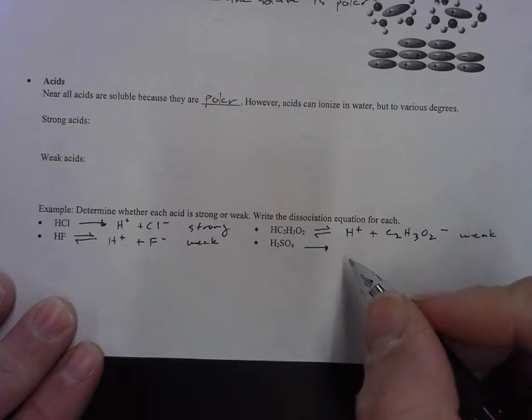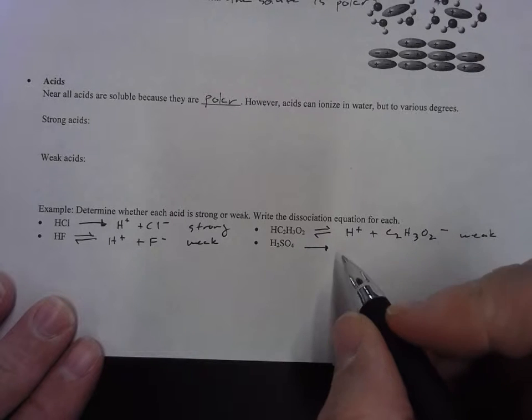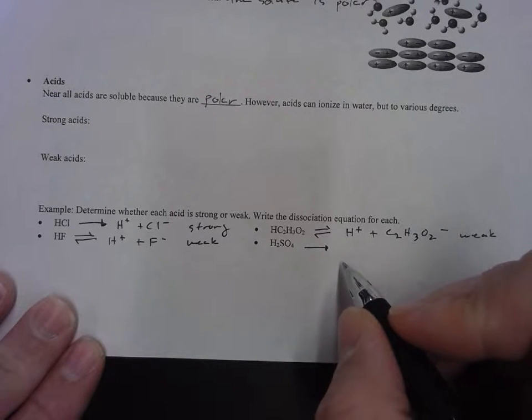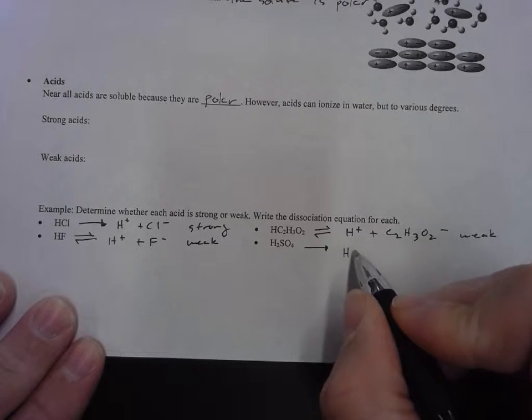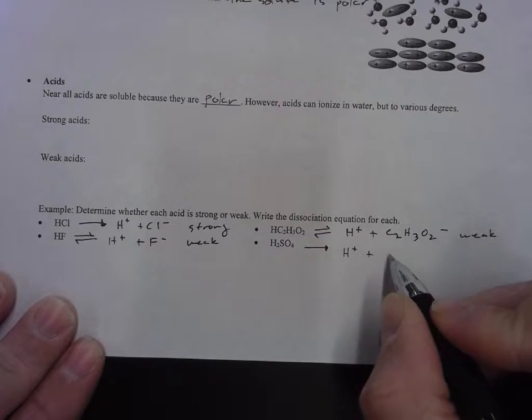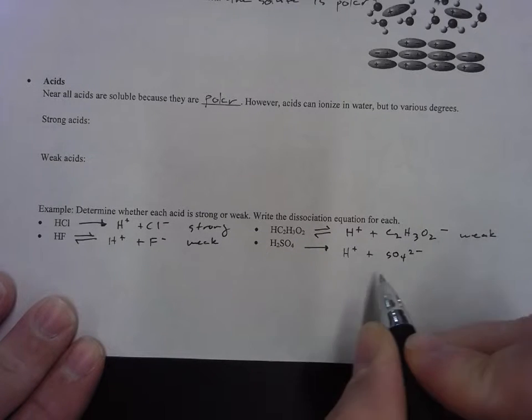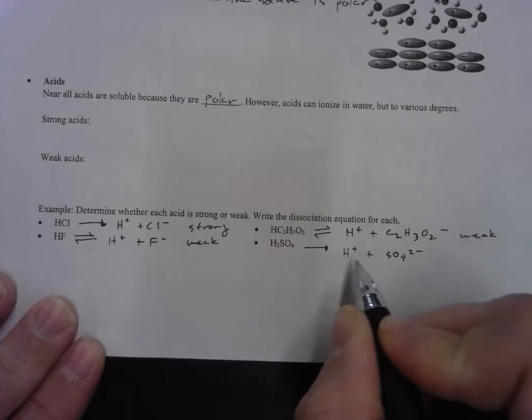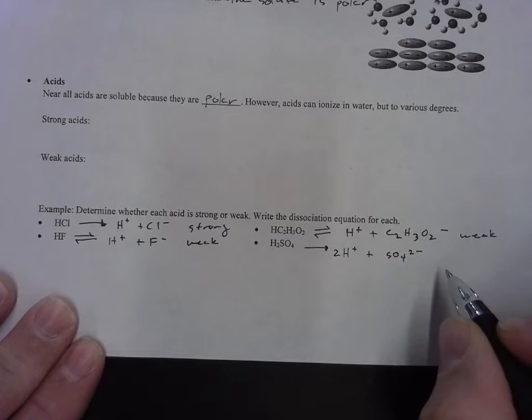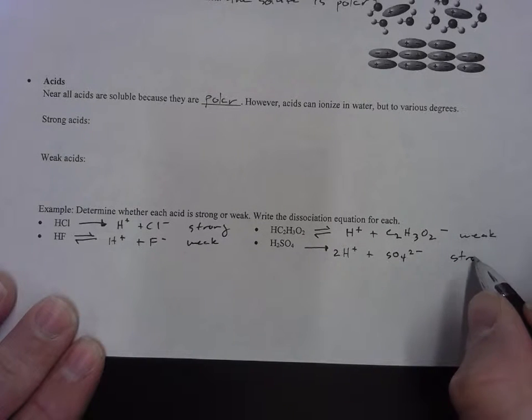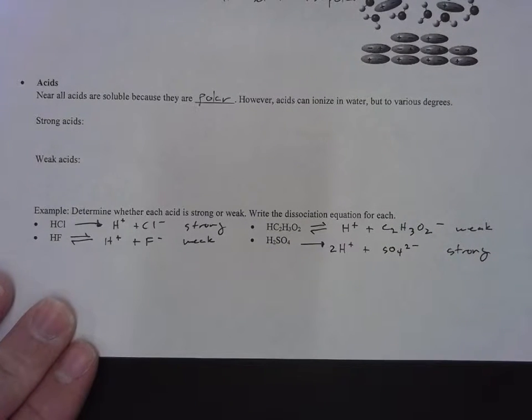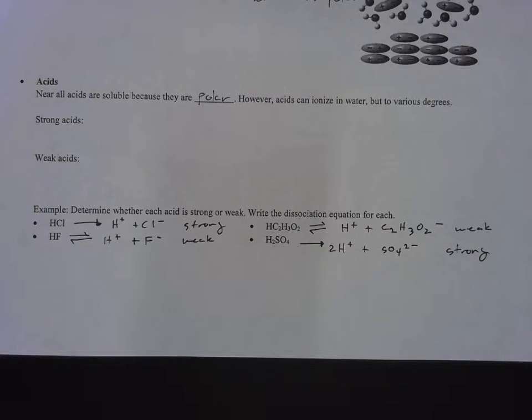Ask me about it, I've got some here in the classroom I can show you. That breaks up into H plus and SO4 2 minus. Notice we've got uneven charges here, so we've got to add a 2 in front, and that's strong. And that's how you do the dissociations of strong and weak acids.